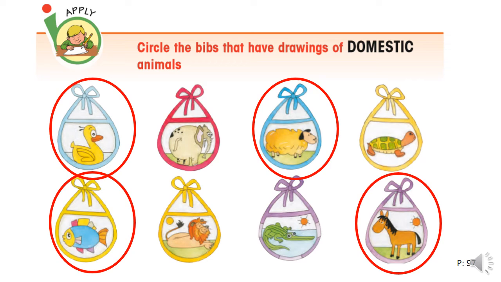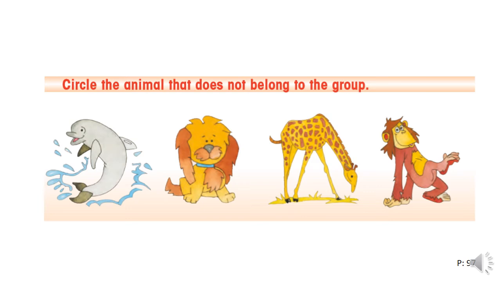What is the next exercise? Also in your book, page 97. Also, you have to circle the animal that doesn't belong to the group. We have dolphin, dog, giraffe, and we have monkey.